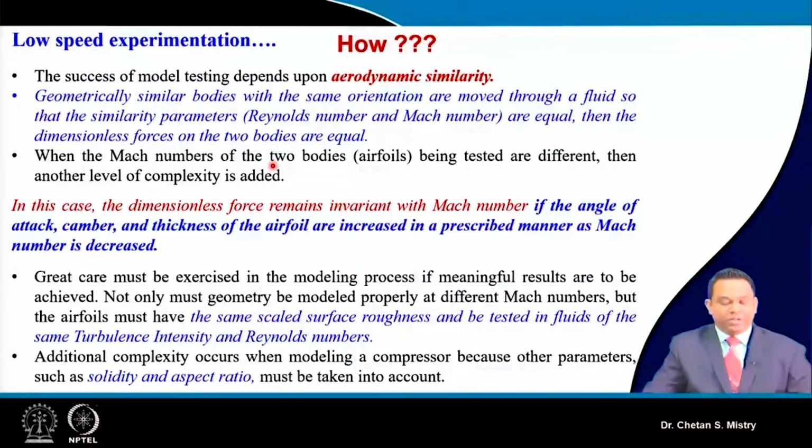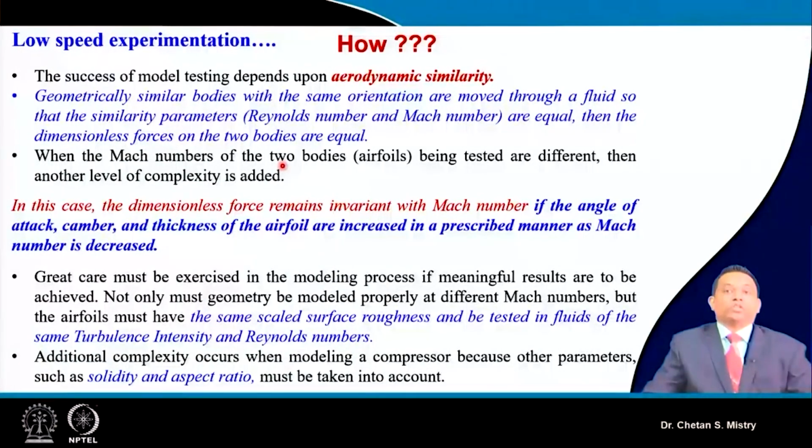When we say Mach number, that gives additional complexity, because if my flow goes transonic or supersonic, my flow structure and flow field will be different. The dimensionless parameter remains invariant with the Mach number if we arrange the angle of attack, camber and thickness of the aerofoil according to the change of my Mach number.